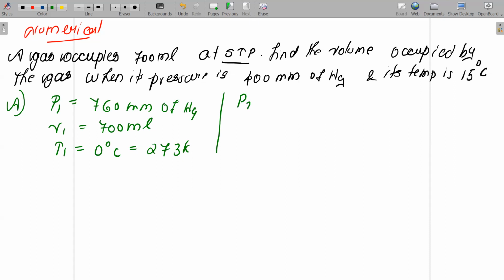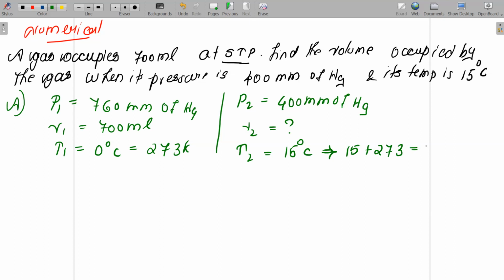Now, what is P2? P2 is also given, 400 mm of Hg, and V2 we need to find, right? And T2 is given, that is 15 degrees Celsius, that we should convert into Kelvin. That means 15 plus 273 will give you 288 Kelvin, right? So all the terms are given.